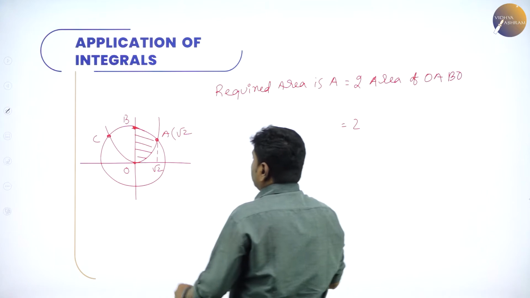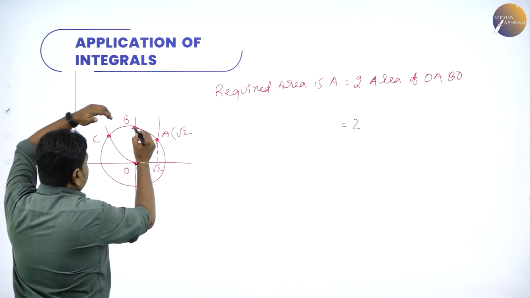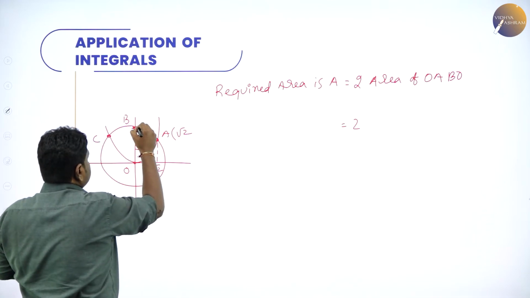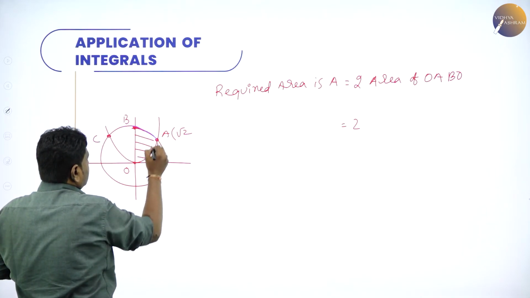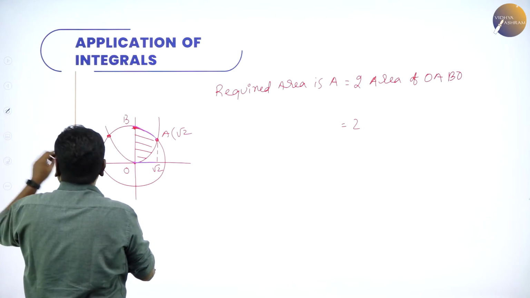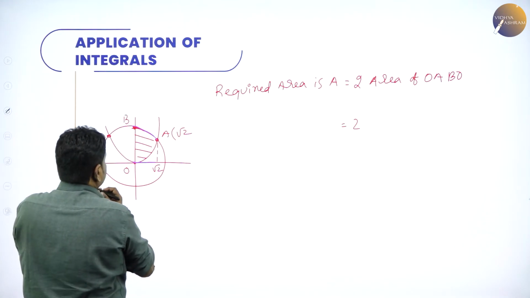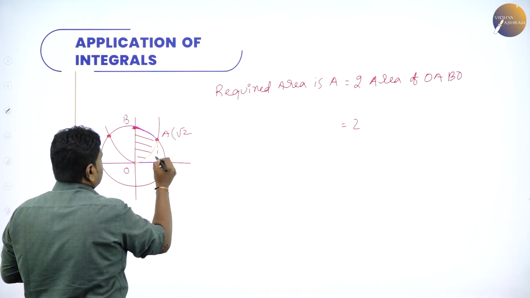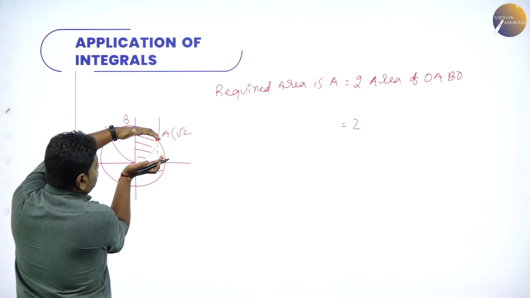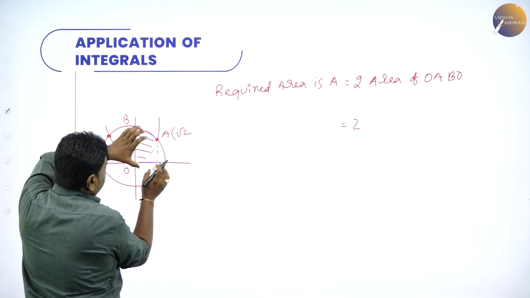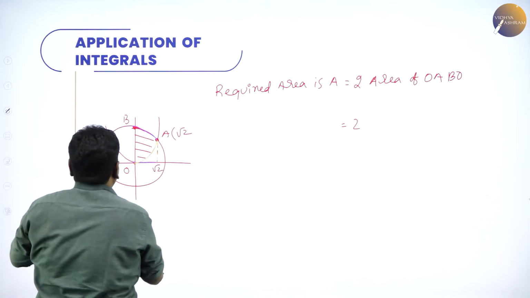OABO is area bounded by, see, this part is circle and x-axis, and this part is parabola and x-axis. From circle and x-axis means this whole thing I'll get. From parabola and x-axis means this whole thing I'll get. If I subtract this whole thing from this, I'll get the required area.